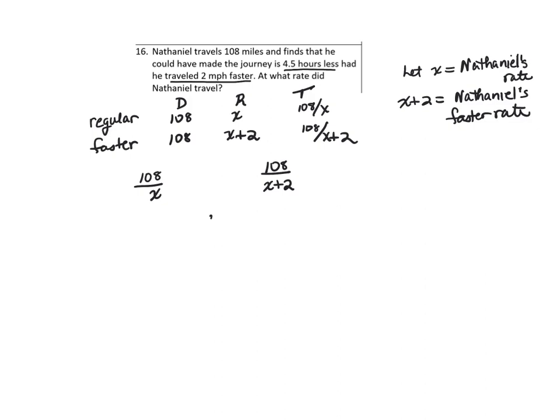So we would have to add 4.5 on this side to make it equal to the time on his regular trip. Or we could have subtracted 4.5 on the other side. Just remember which trip had more time and reason it that way, where to add the number. All right, I'll leave it up to you to solve.